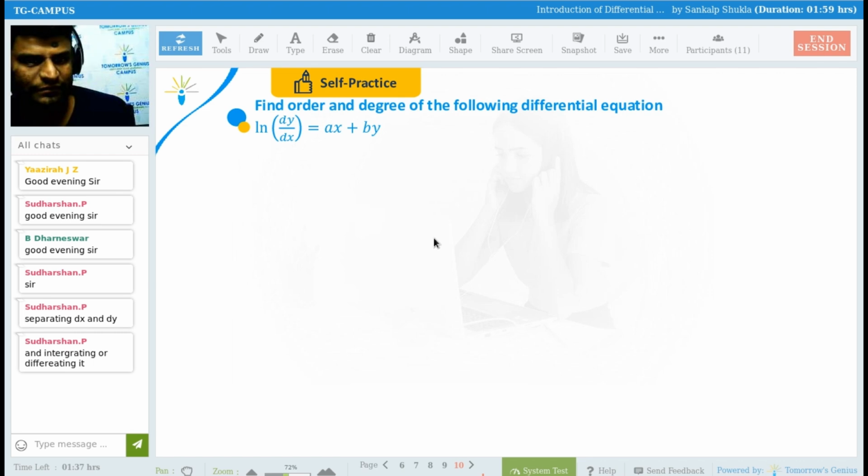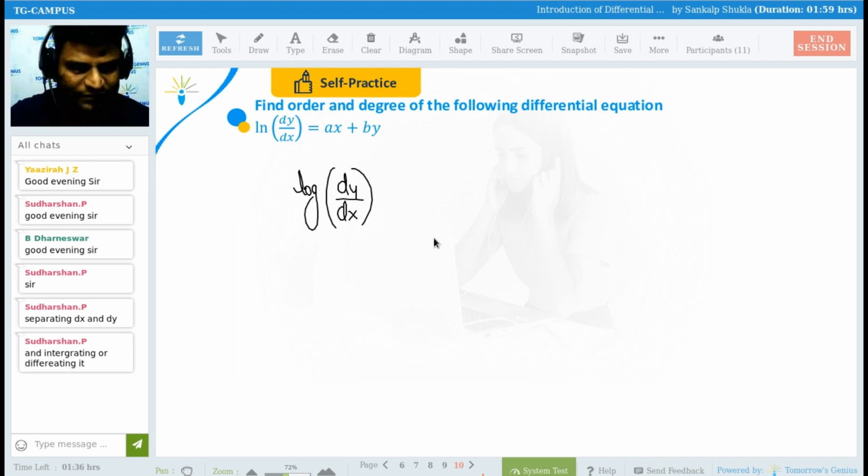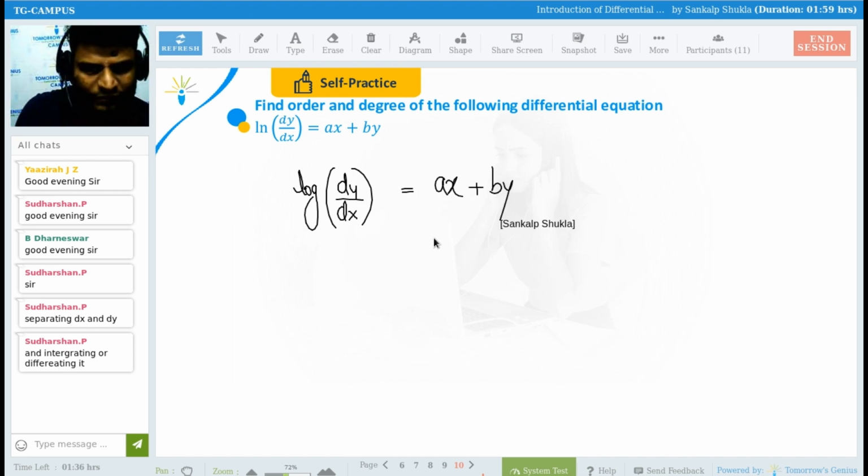Similarly, next question. Find order and degree of the following differential equation. Now it is log dy by dx is equal to ax plus by.